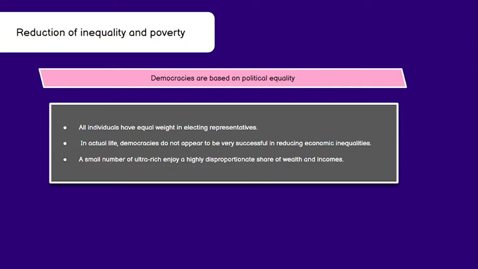So we know that many are rich and many are poor, and the resources are not divided equally among the rich and poor as they should have been divided. Most of the resources are with the richest and the poor are starving. So a small number of ultra rich enjoy a disproportionate share of wealth and incomes. This is what we discussed.